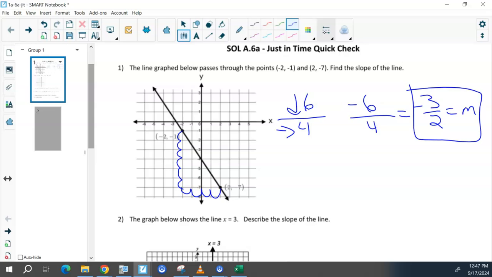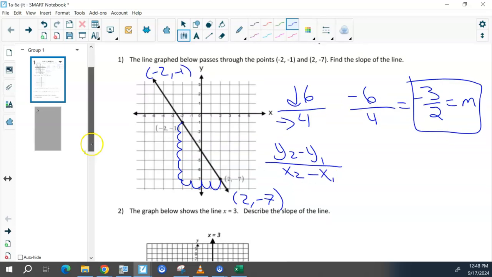Now, you could have done that algebraically. You have points given to you. I'm just going to rewrite them. If you were doing this algebraically, you would be doing y2 minus y1 over x2 minus x1. Let's say these are my 2's.